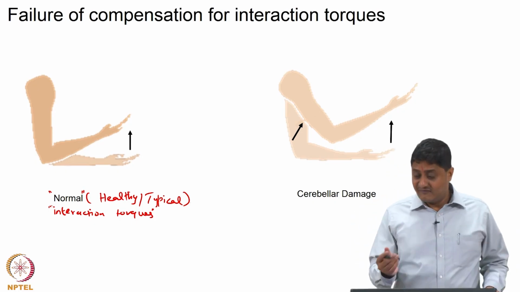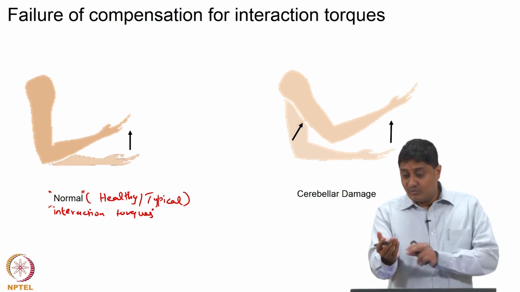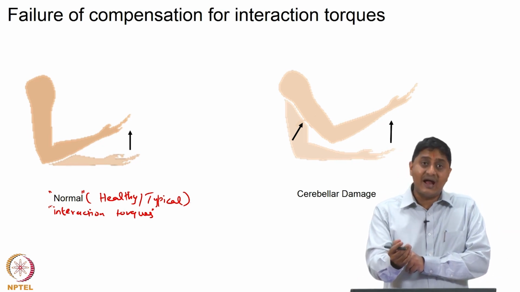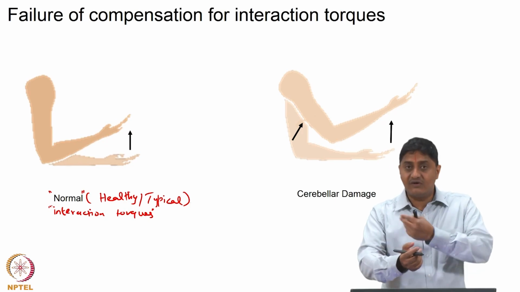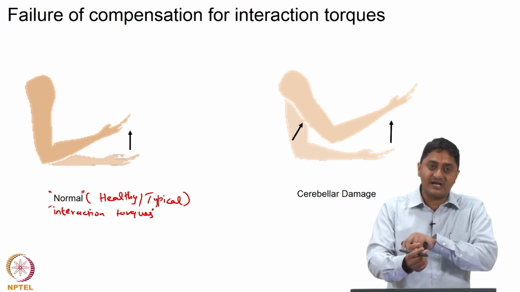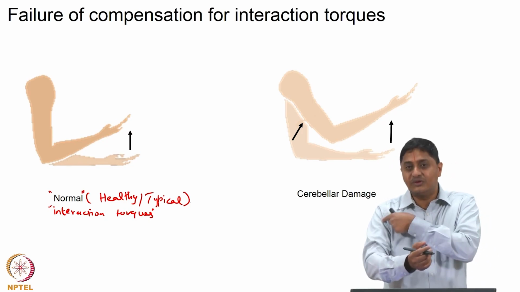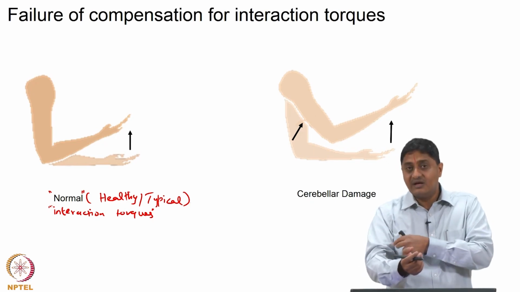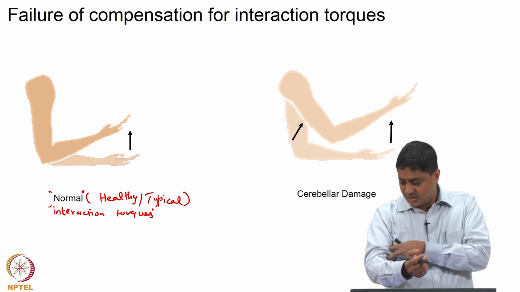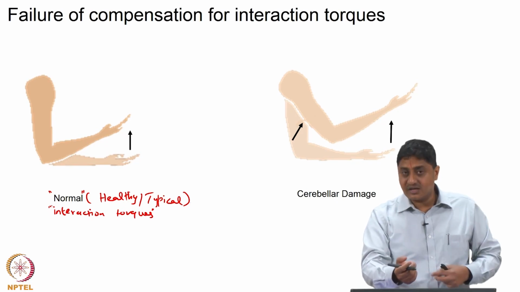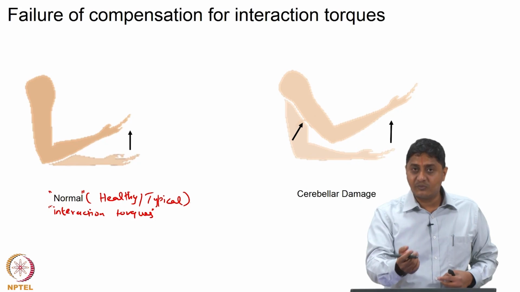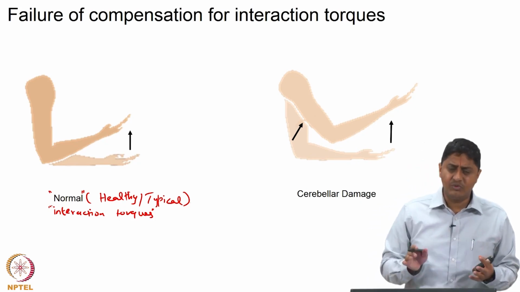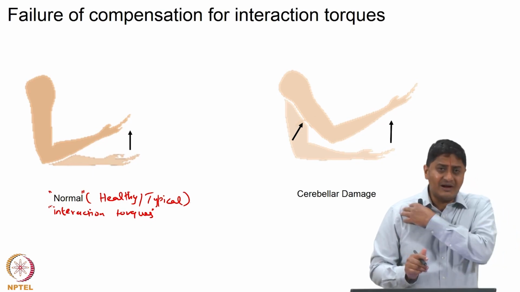For example, when I am moving the forearm, the movement generated by the forearm also produces unintended or unwanted interaction torques, because it is connected to the upper arm. Because of that, it produces an interaction torque on the upper arm, causing the upper arm to move, yet in healthy individuals the upper arm does not move. There is no movement at the shoulder joint.